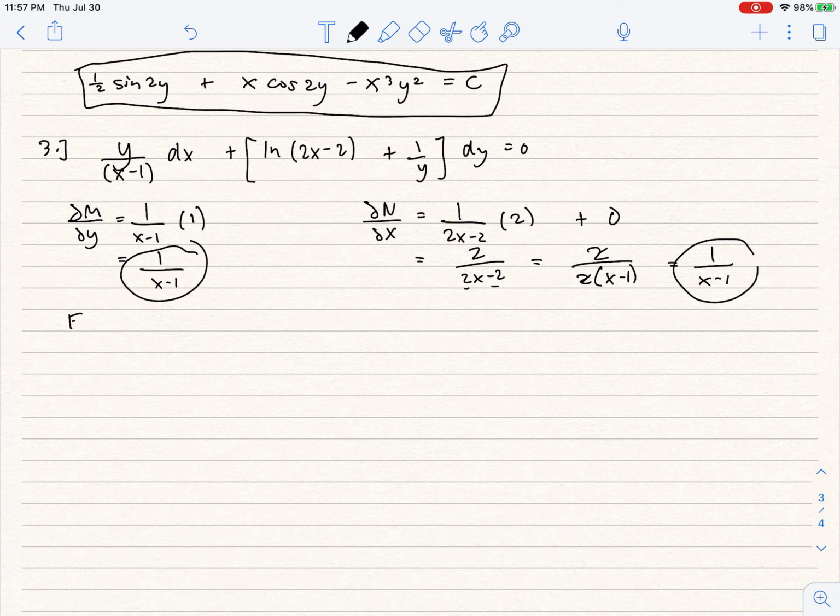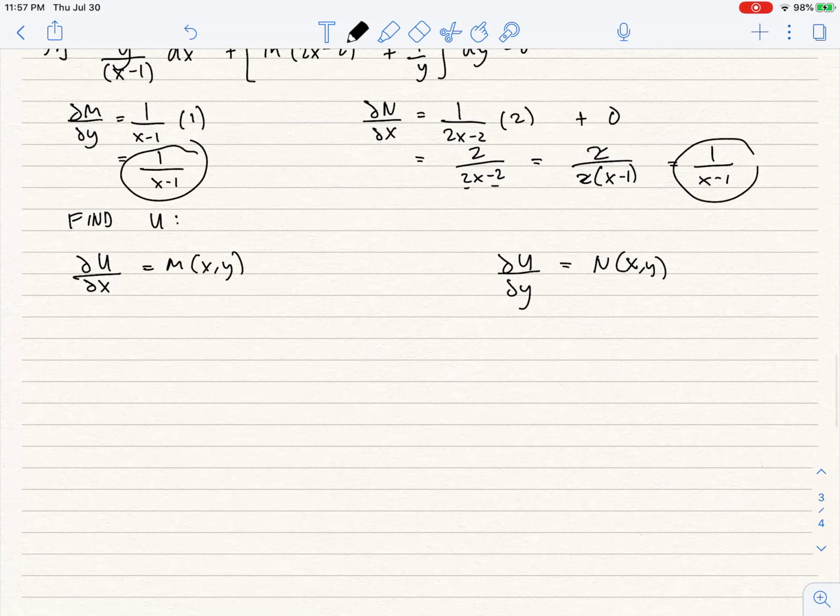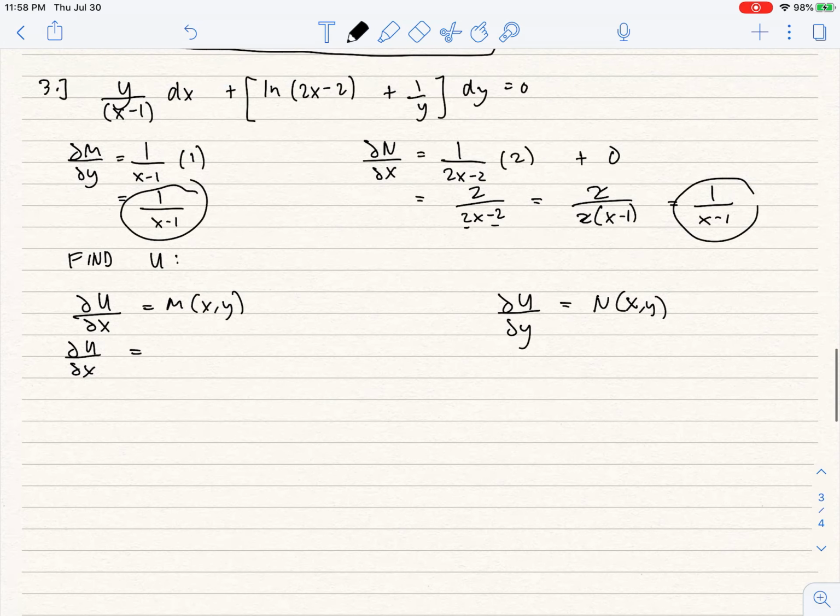Okay. Next is to find the value of u. So once again, there are two parts, we start with M. Oh, the N, sorry. Okay. So the value of M is y over x minus 1.